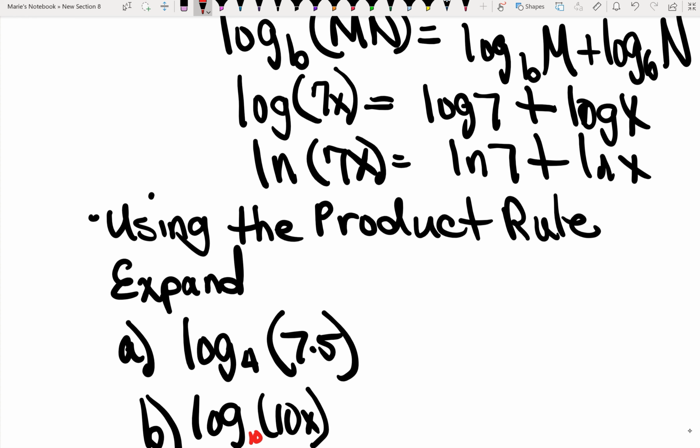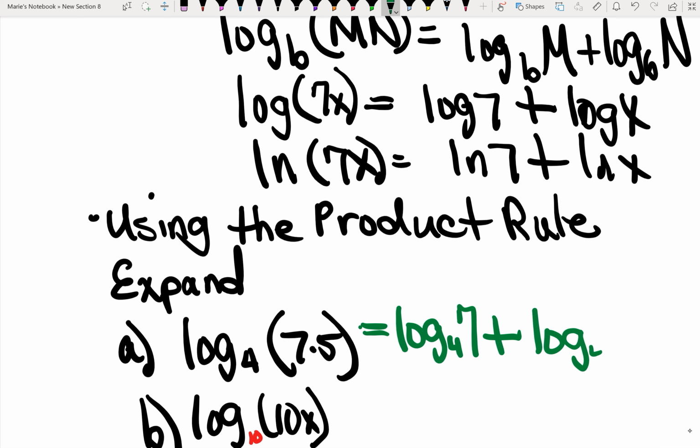And so our solution for the first one would simply be to express this as log base 4 of 7 plus log base 4 of 5. You don't have to simplify or anything, they just want you to expand. Now this one is a little different. I want you to go back to that expression that I said to you, that when they don't write a base, we assume it's base 10.